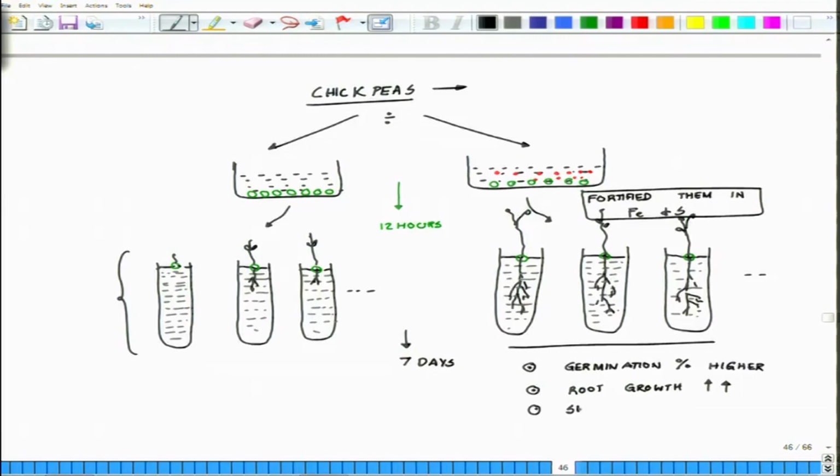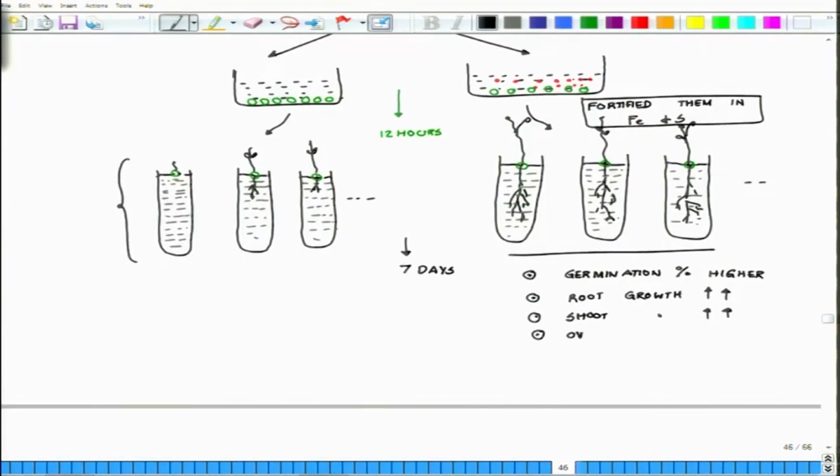Third, their shoot growth was significantly more, and the fourth interesting aspect was that overall biomass was significantly higher.